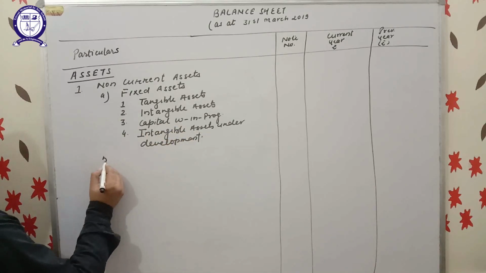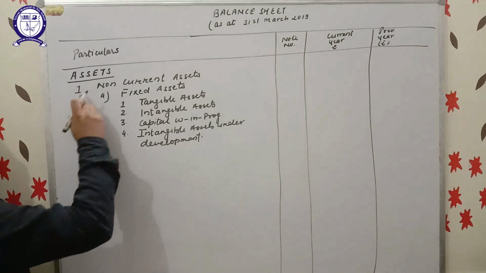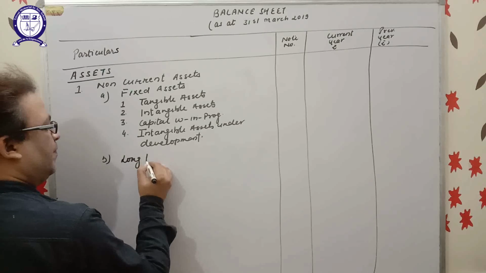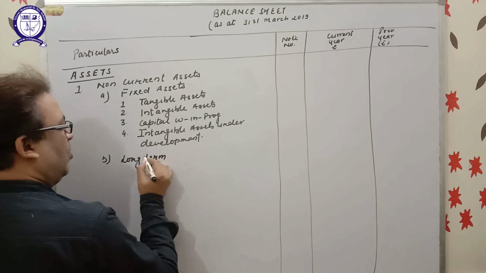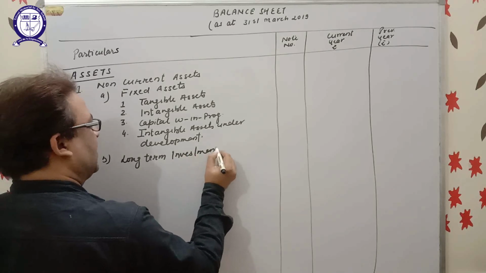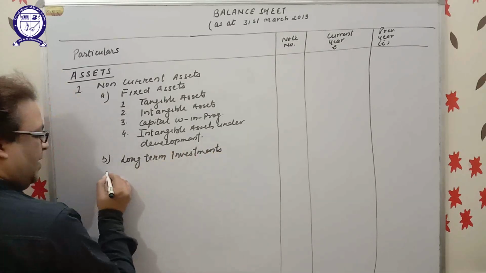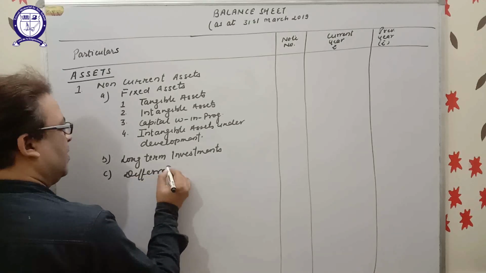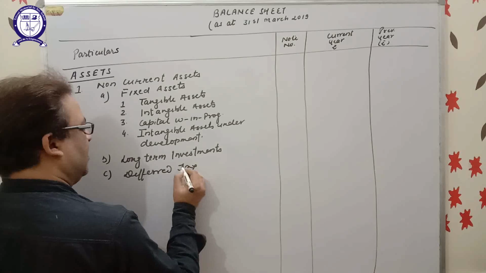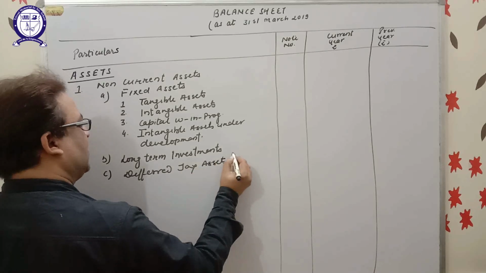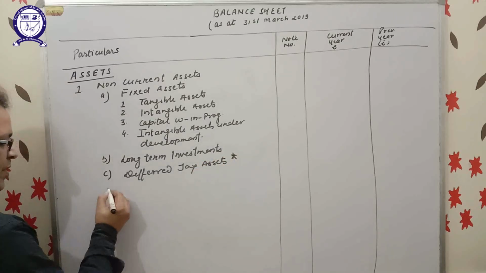Second main subheading under the non-current assets is long-term investments. Next, deferred tax assets. In the 12th syllabus, this will not be discussed.